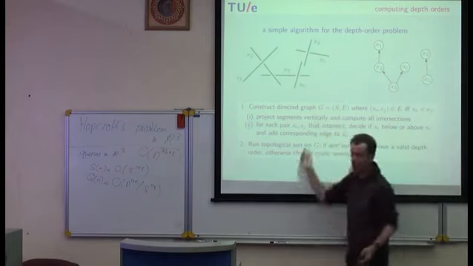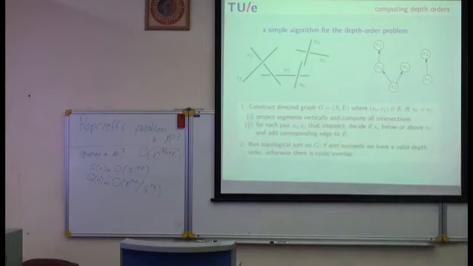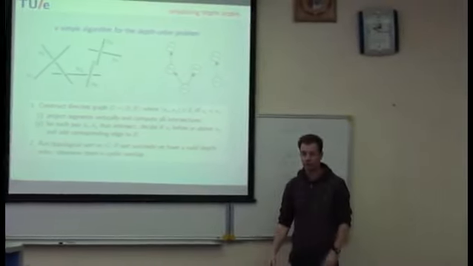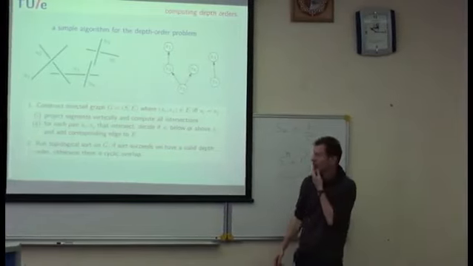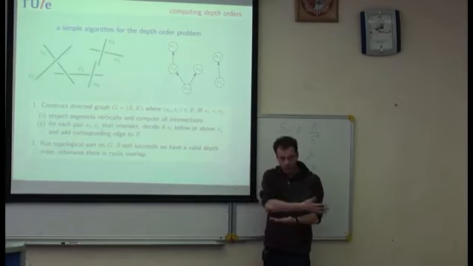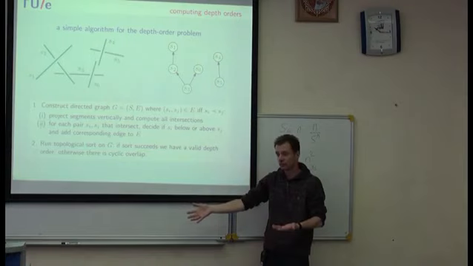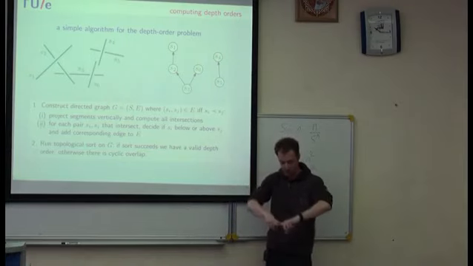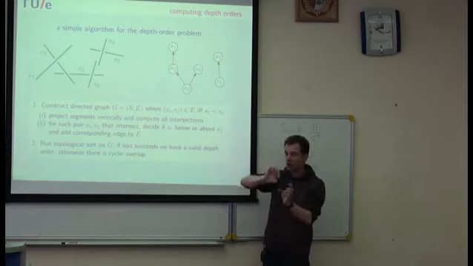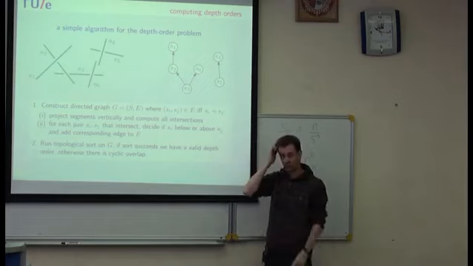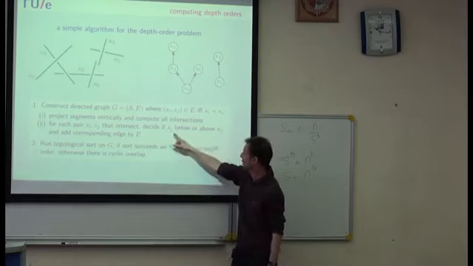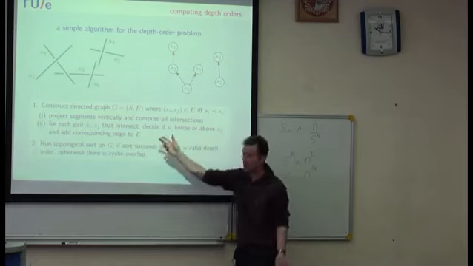So a very simple way of doing this would be to construct this graph. How do you construct a graph? Well, for instance, project all these segments, compute all the intersections, and then for every intersection, depending on which one is higher, you add an arc in the graph going this way or the other way. So this is very simple. For each pair that intersect, check if Si is below or above Sj and add the corresponding edge.